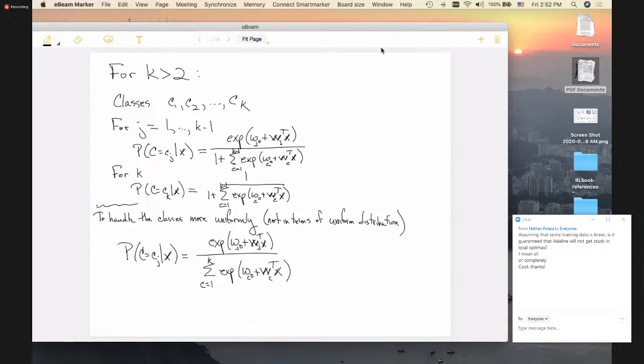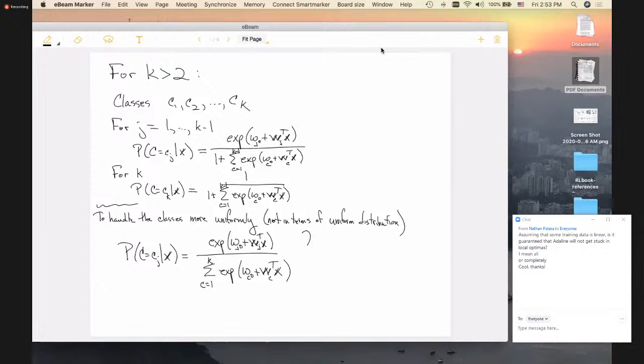There we go. Okay. Now, sorry I left out that sum, but that's how you normalize over all of the classes. Now, this bottom equation, notice the difference between what's happening there and what's happening in the top version is that we're actually summing over all k classes instead of just over k minus one of them.